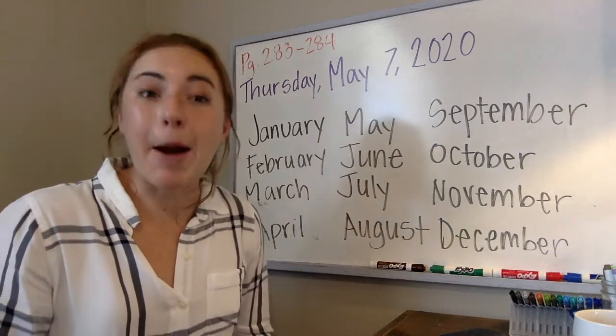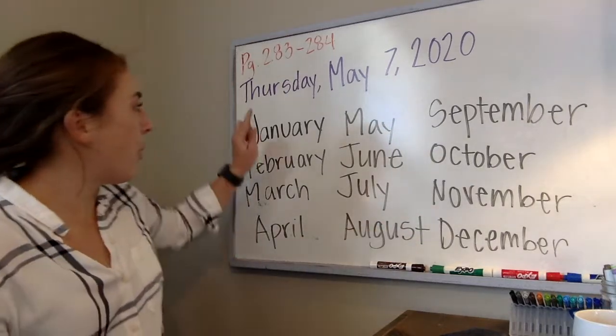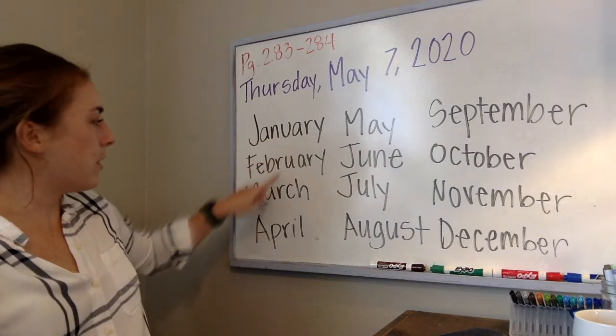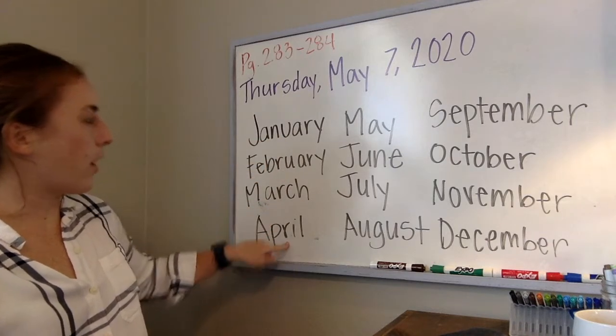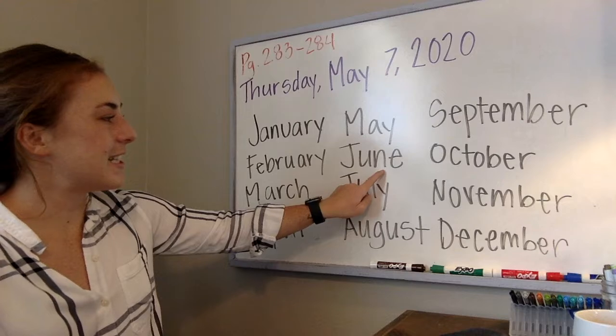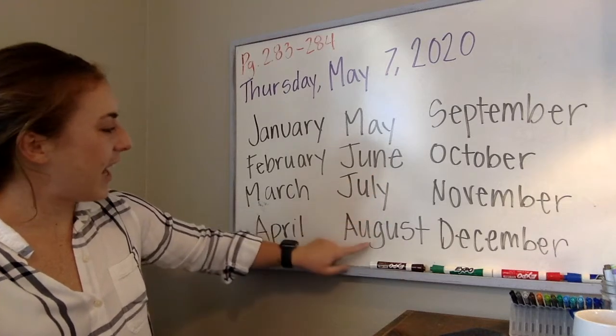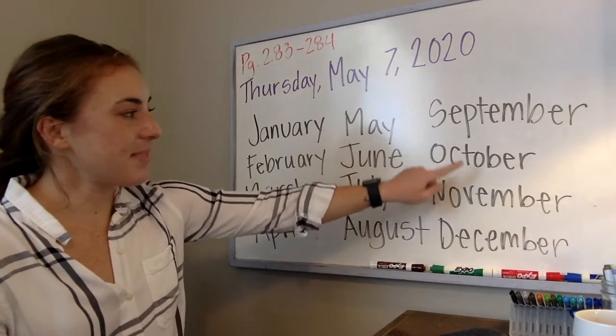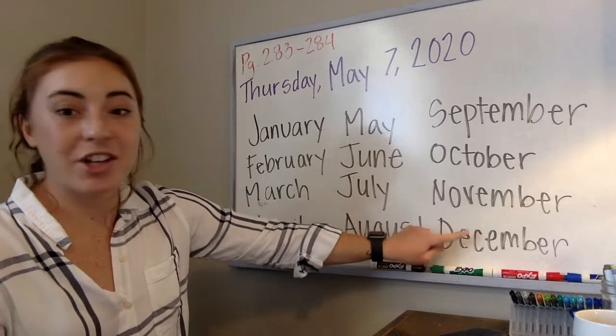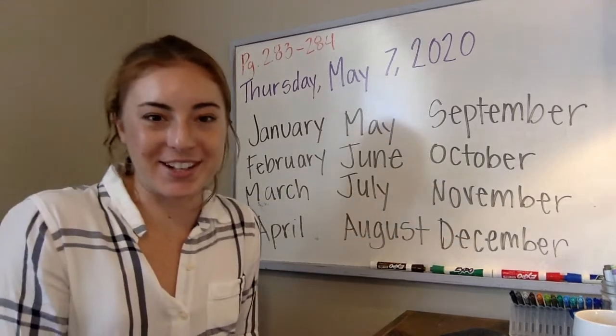Let's count how many months there are. Ready? 1, 2, 3, 4, 5, 6, 7, 8, 9, 10, 11, 12. So how many months are there in 1 year?